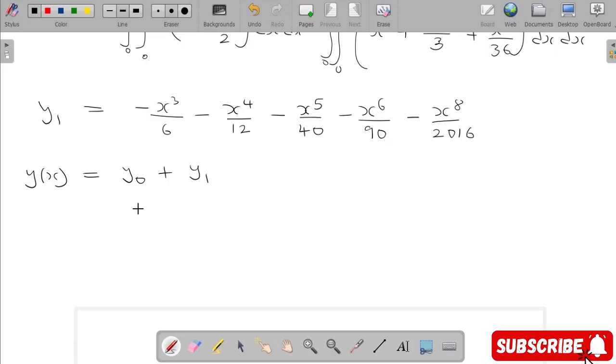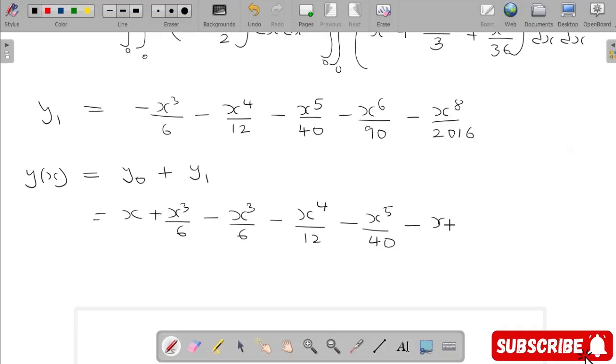So with that, from our y0, which is x plus x raised to power 3 over 6, then we'll have minus x raised to power 3 over 6 minus x raised to power 4 over 12 minus x raised to power 5 over 40 minus x raised to power 6 over 90 minus x raised to power 8 over 2016.